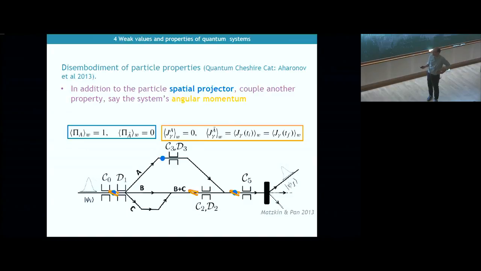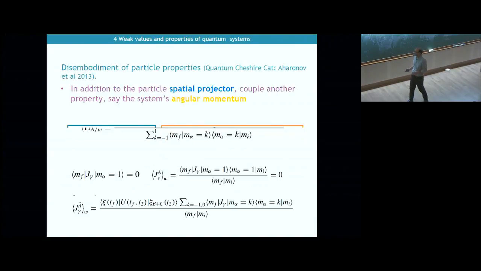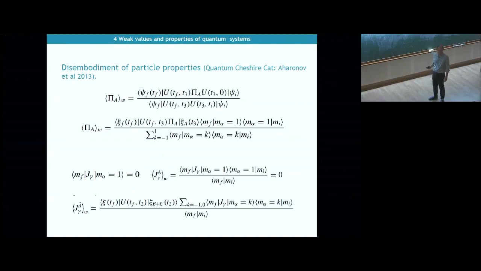And here you see the spatial wave function, if you want to find the particle, but you don't see the property. So in this sense, the property is separated from the place where you can find the particle. This comes out just by computing the weak values.